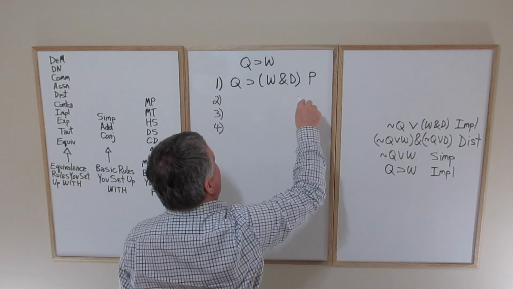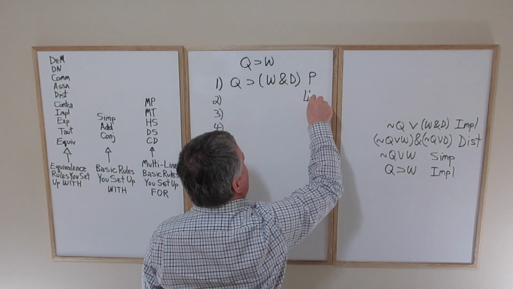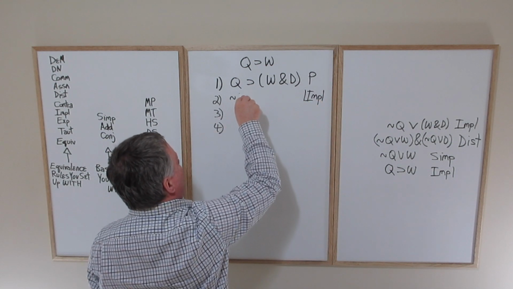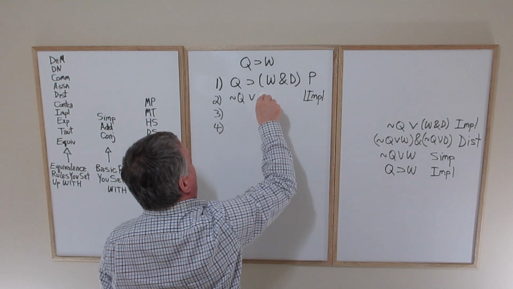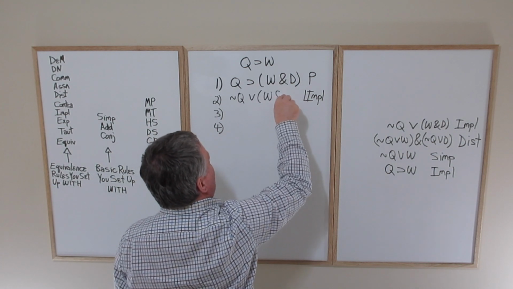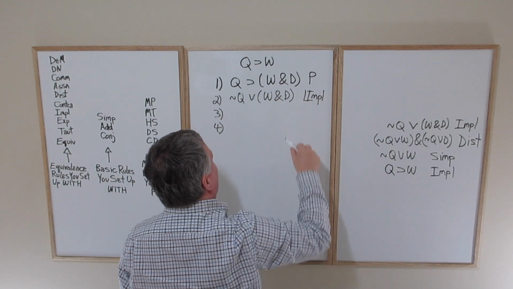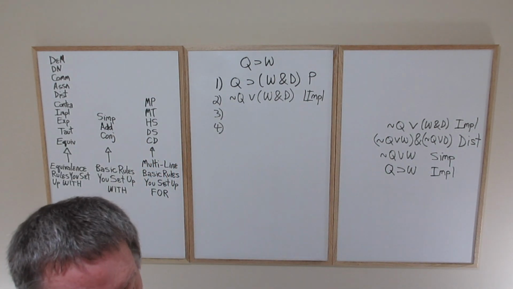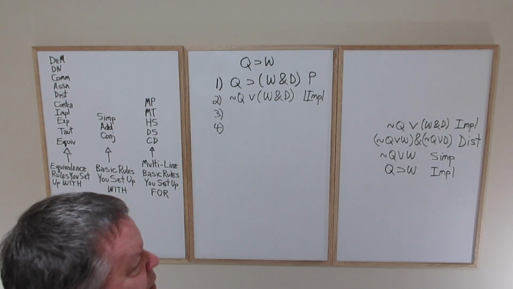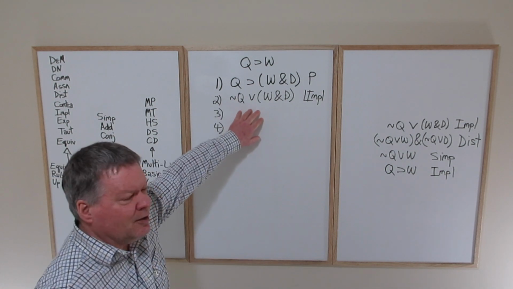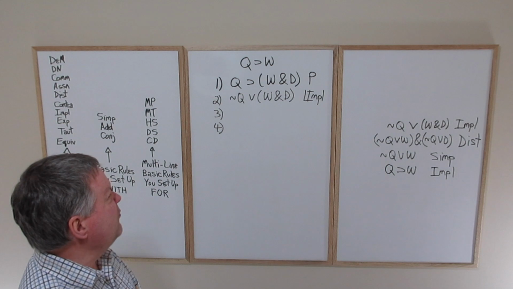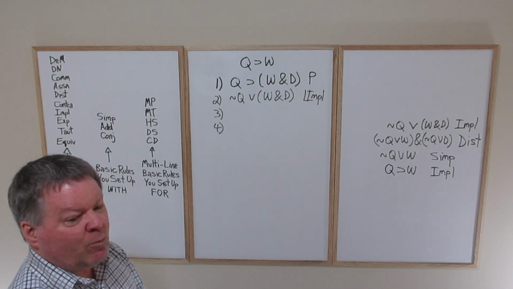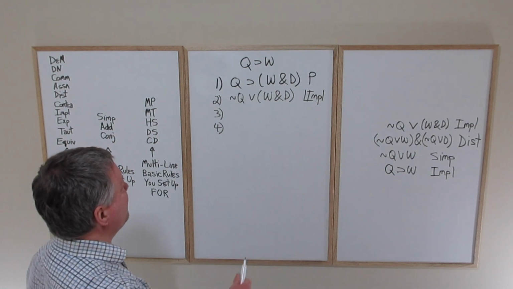So, with that in mind, we can proceed. 1, implication, tilde Q or W and D. So that one implication gives us a sentence of the same form as the bottom left of the distribution template on page 13 of the notes.